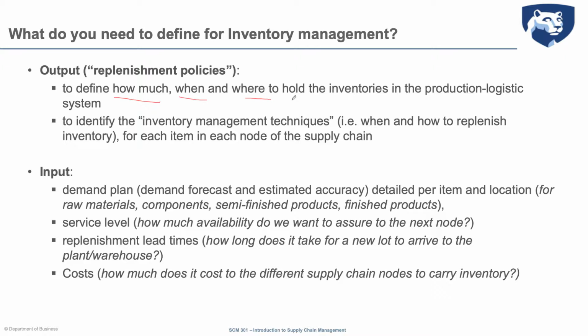So the supply chain needs material. That can be material in terms of raw material and components, or work in progress product, or finished product. We need to define at each level of the supply chain how much we need and when we need it.